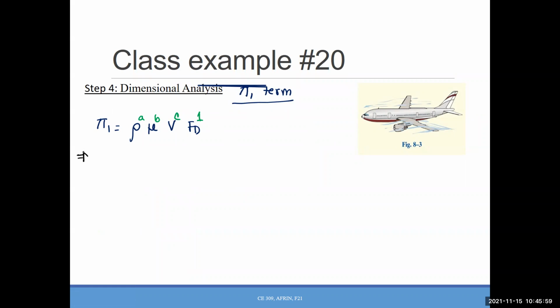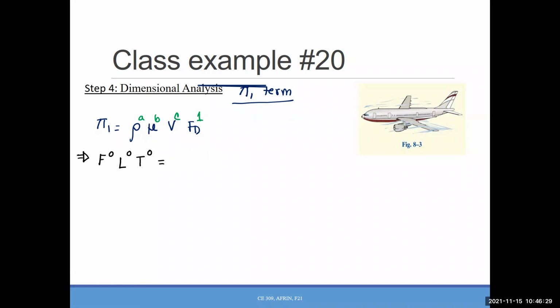And since we are using FLT, I will write down F0, L0, T0. And for rho, we had F T squared L to the power 4. I will write down one extra line so that you don't get confused.